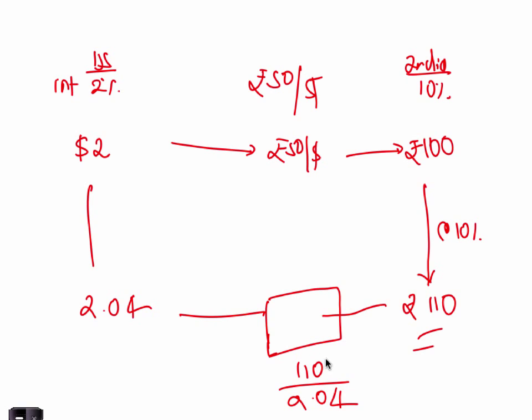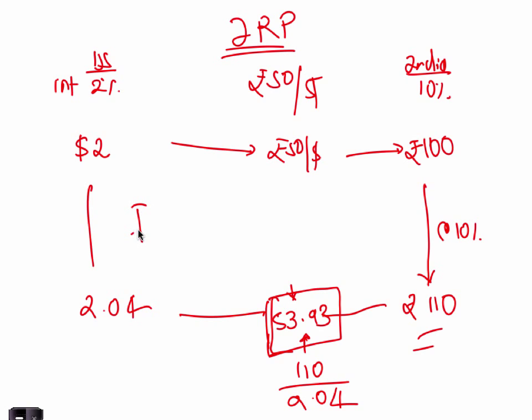Now what this rate is telling you is that at this rate there would not be any arbitrage, and therefore this is called a no arbitrage forward price. This we calculate using the interest rate parity.